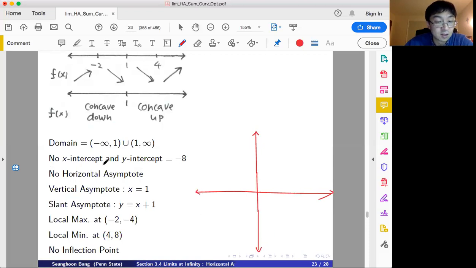So like this. You can plot the vertical asymptote. X equals 1, this is a vertical asymptote. We have the slant asymptote, y equals x plus 1.